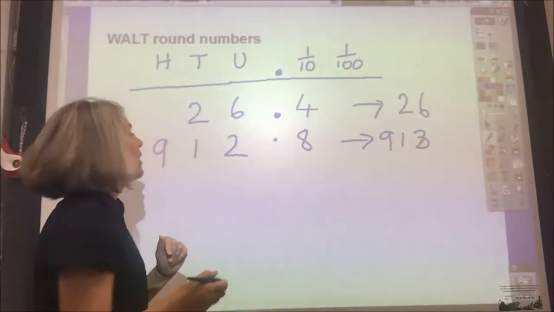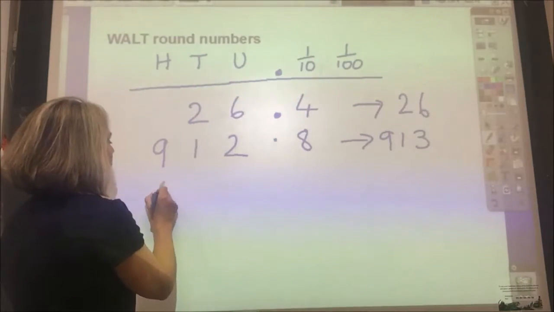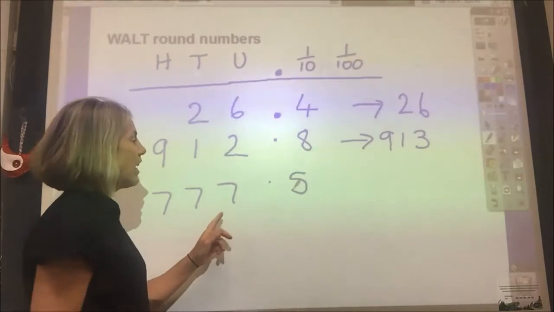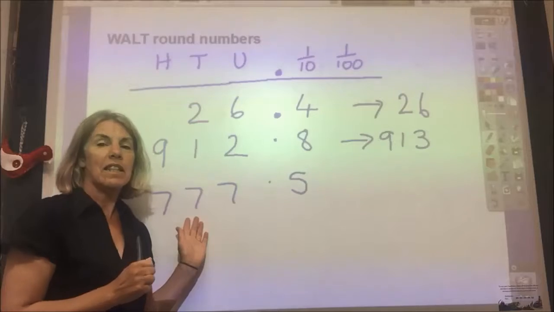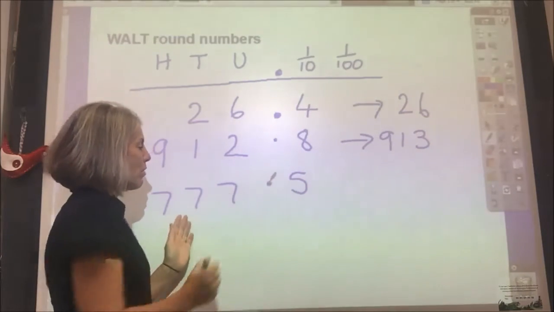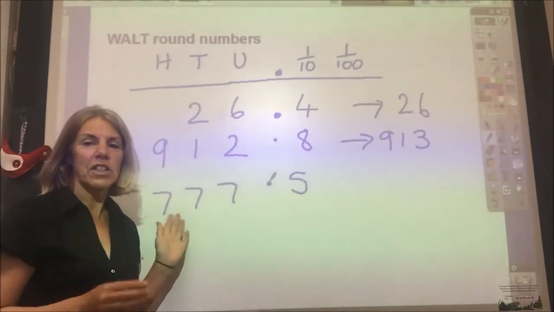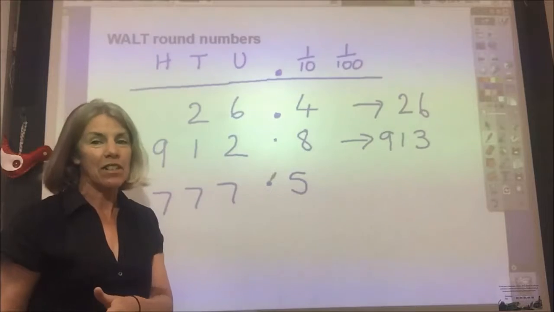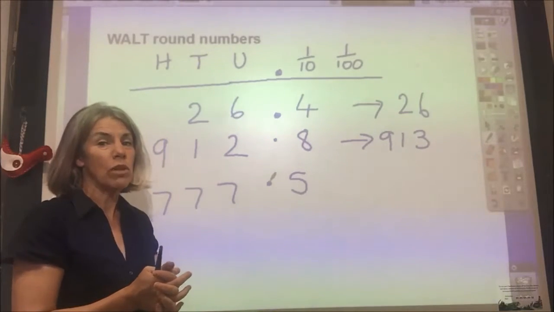One more, just for luck. So let's go for 777.5. Is that closer to 777 or is it closer to 778 when we're rounding to the nearest whole number?